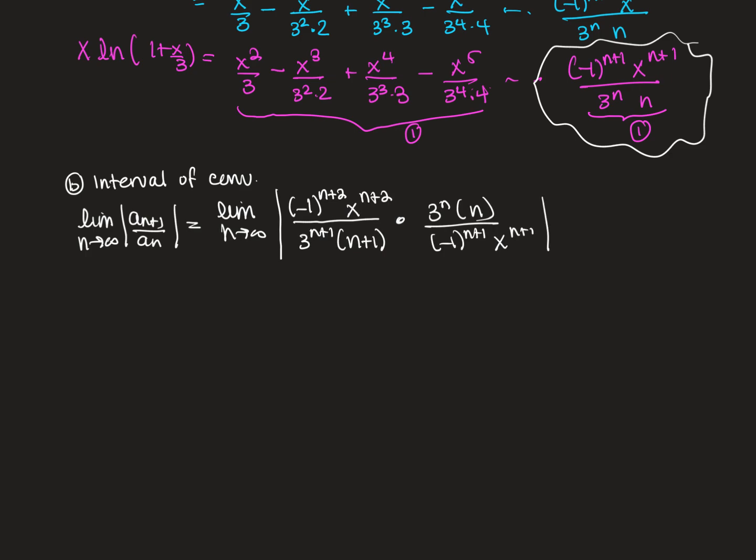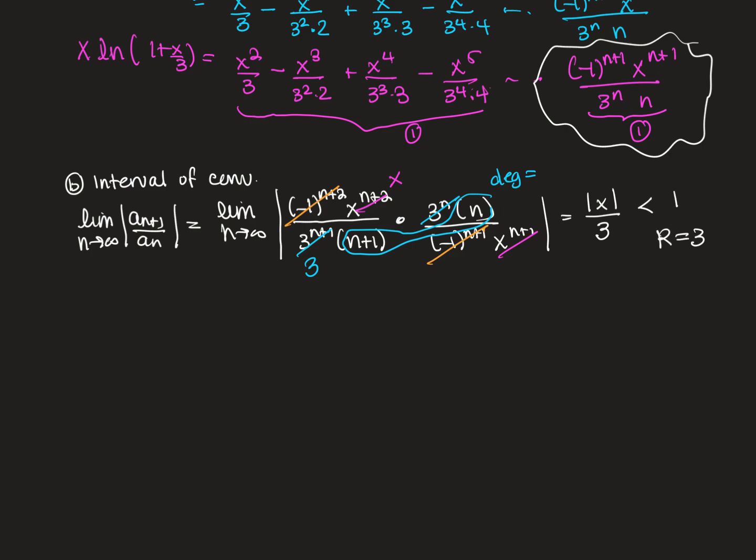Now we cancel everything we possibly can. The alternating means nothing inside the absolute values. Looking at the geometric type piece, I've got an extra 3 on the bottom and an extra x on top. After that point, we ask ourselves, are the degrees equal? And you can see right here, the degrees are equal. So it's just the ratio of the leading coefficients. So we're left with the absolute value of x on the top, 3 on the bottom. For convergence, this needs to be less than 1, which means the radius is 3.